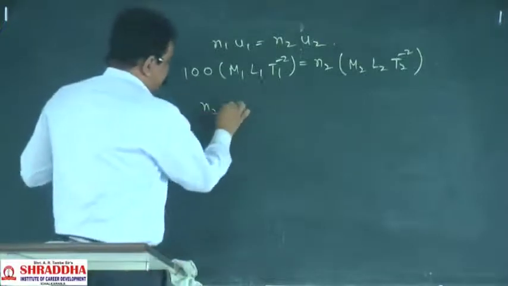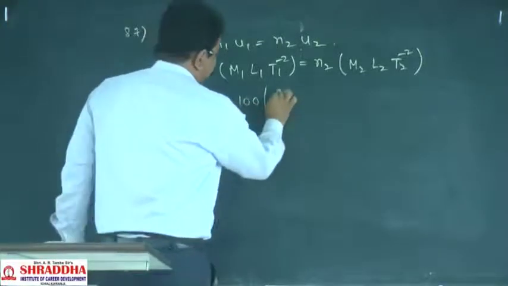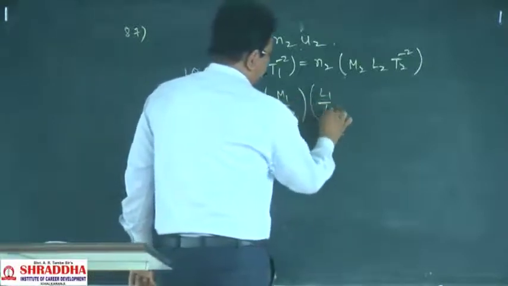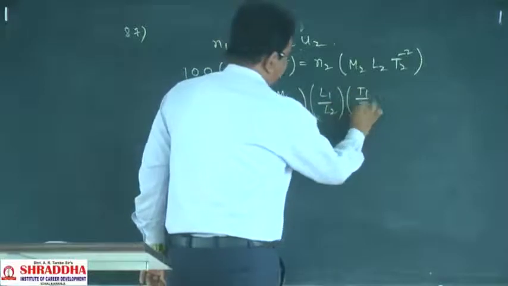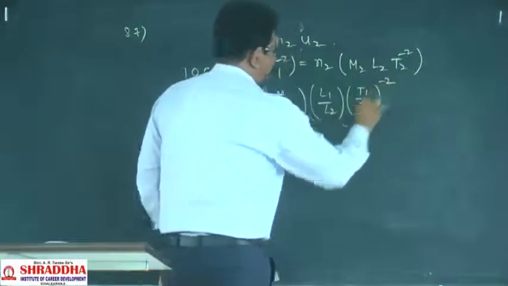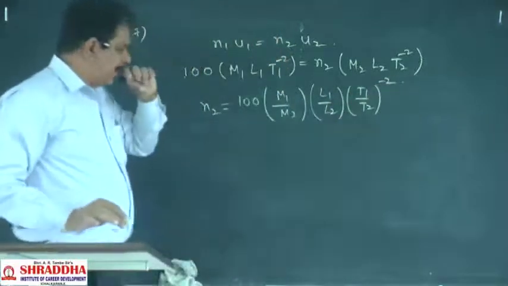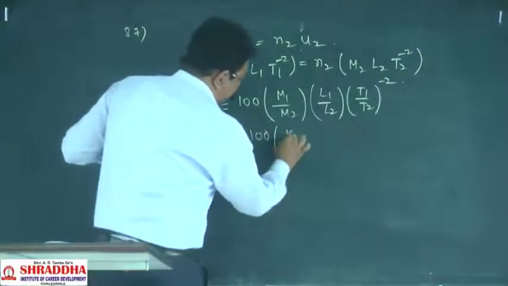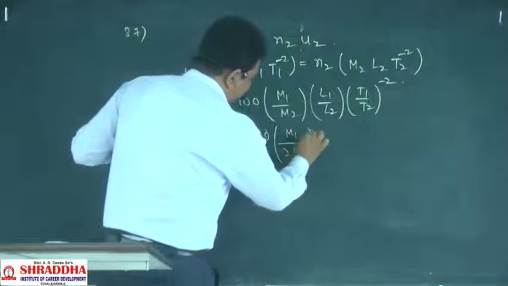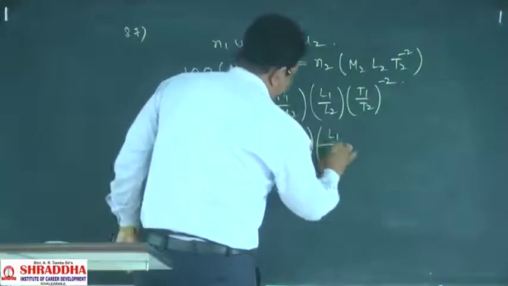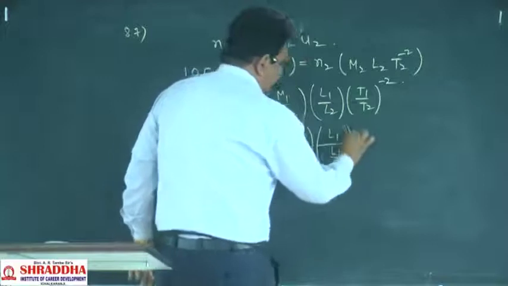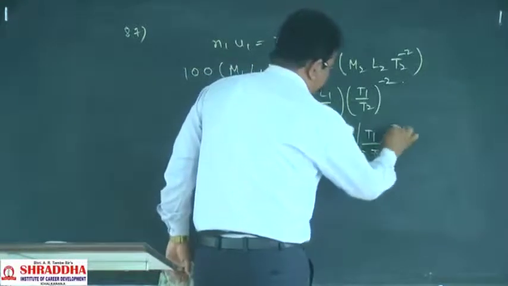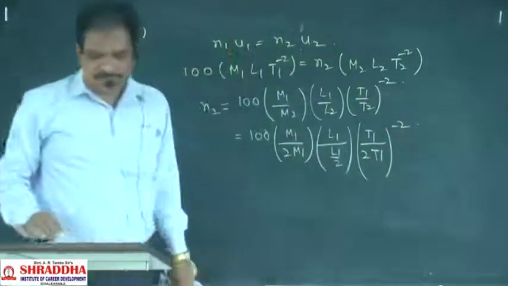N2 is equal to 100 M1 by M2, L1 by L2, T1 by T2 power minus 2. So what we will get: 100 M1 by 2M1, L1 by 2, T1 by 2T1 power minus 2.